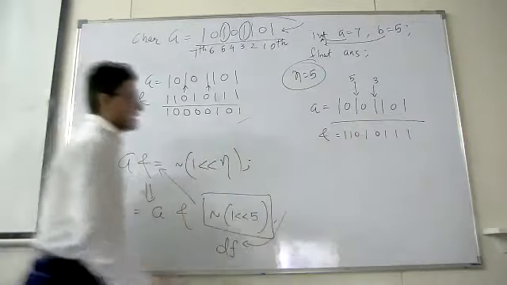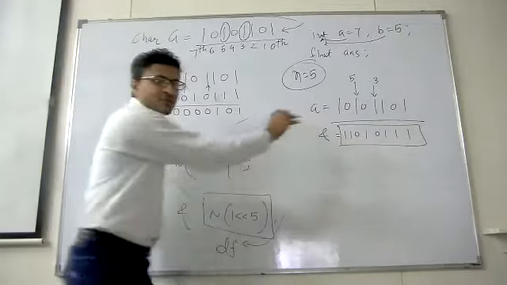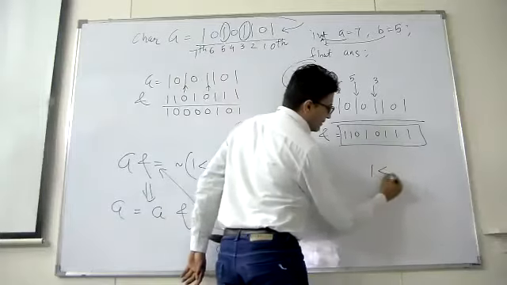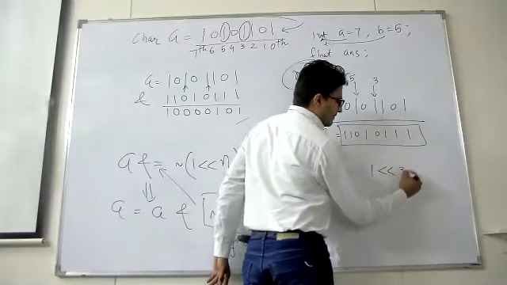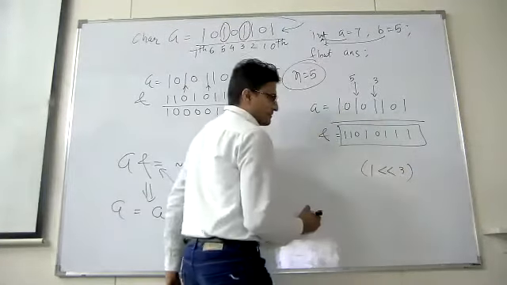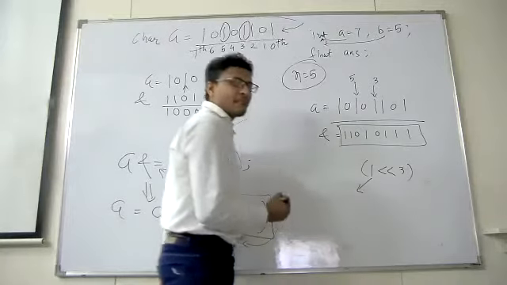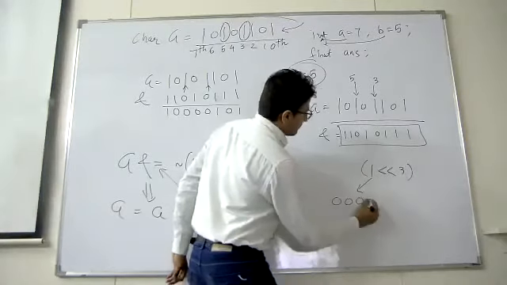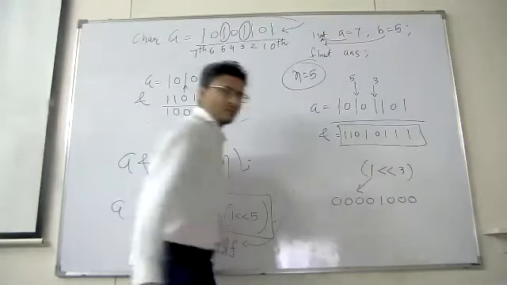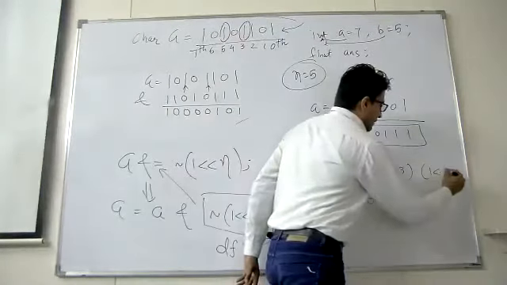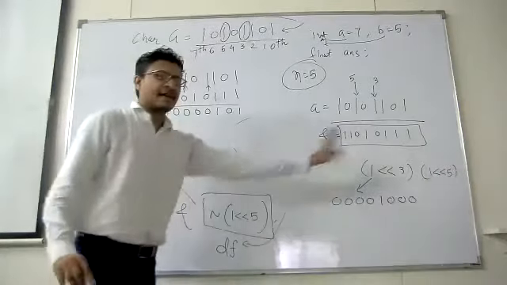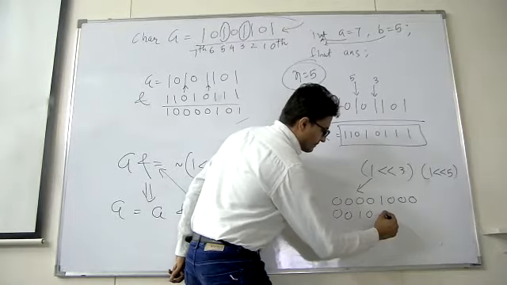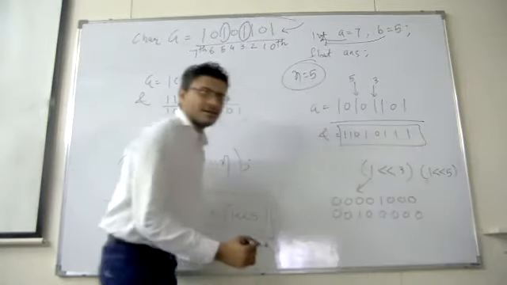So one shift left by 3, and one shift left by 5. So then my answer would be 0, 0, 0. Clear? Yes, sir.